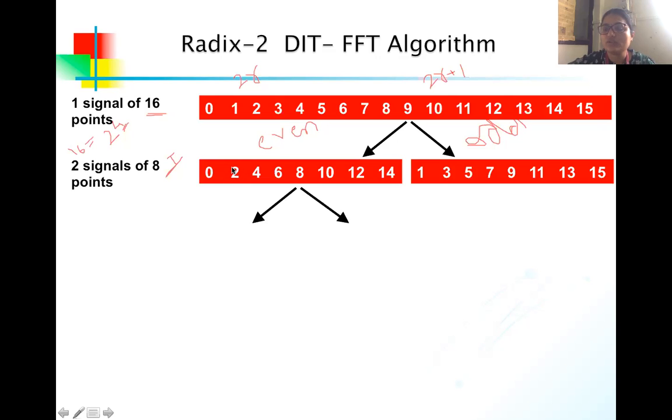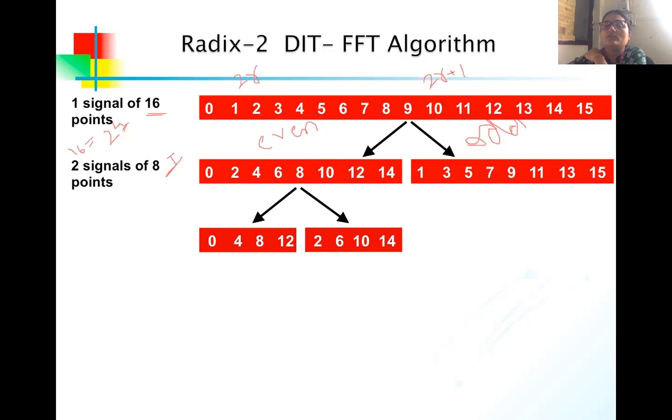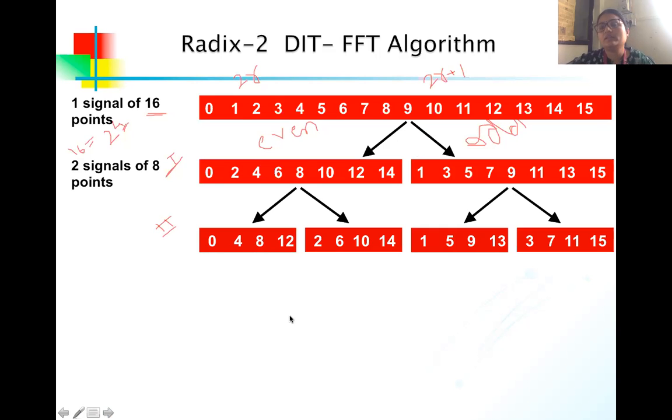This is at position 1. So 2 is an odd value, 6 is an odd value, then 10 and 14. In this way, the division is taking place. This is the second level of computation. Similarly, this sequence is also going to be distributed among even values and odd values.